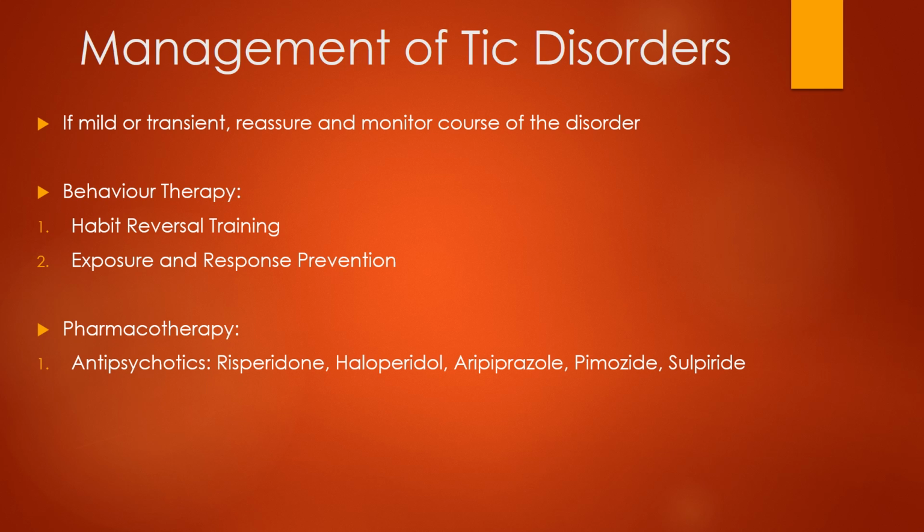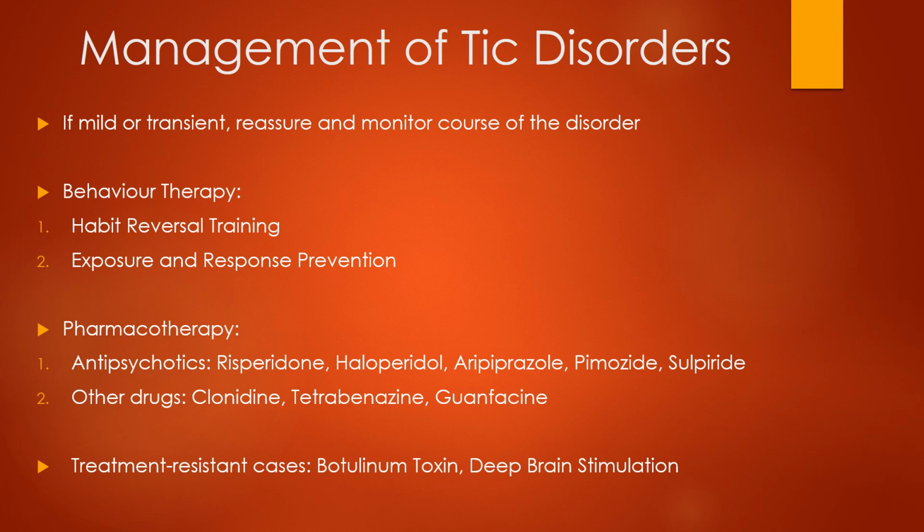Pharmacotherapy includes antipsychotics like risperidone, haloperidol, aripiprazole, pimozide or sulpiride, and other drugs such as clonidine, tetrabenazine, guanfacine. In severe treatment-resistant cases, botulinum toxin injection or deep brain stimulation may be potential options.